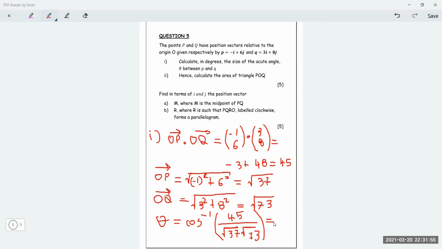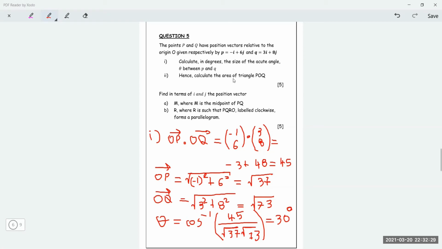Let me just check one last time to make sure I didn't make any calculation error. All right, I'm pretty confident in this answer. So I get roughly 30 degrees. That's the angle between P and Q.